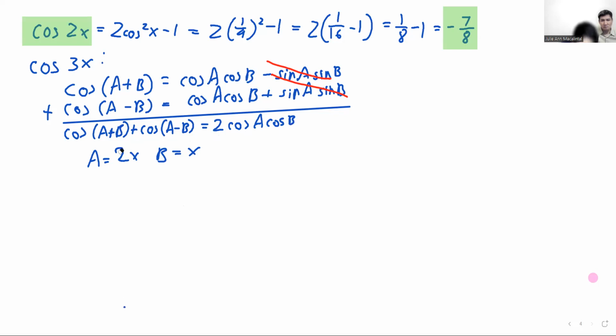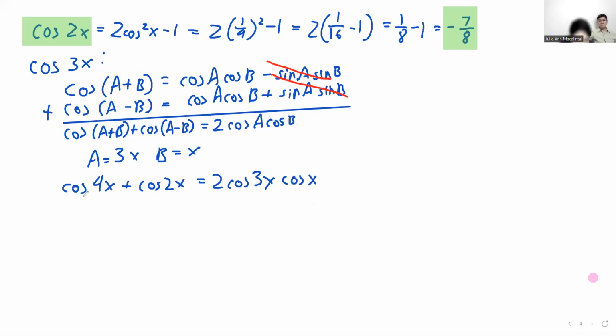Maybe what if we try using A is 3x? Maybe that will be better. Then cosine(A plus B) will be cosine 4x, and cosine(A minus B) will be cosine 2x. We already know 4x is given and 2x we already know, equal to 2 cosine 3x, one variable. We will be able to isolate it, and then cosine B is cosine x. We already know that too.